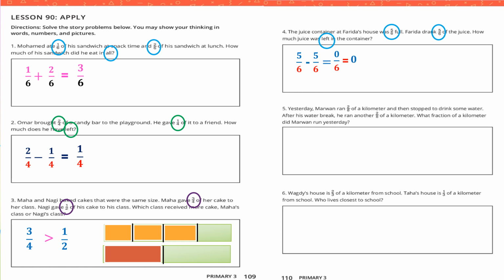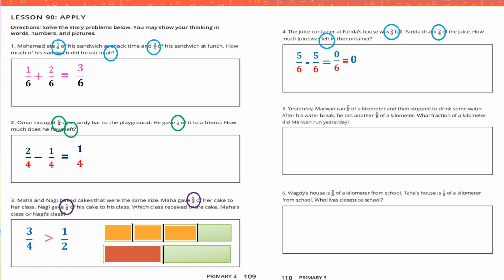So the final result will be 0. 0 over any number except 0 equals 0. Like 0 over 1, 0 over 2, 0 over 3, 0 over 6, all of these equal 0.